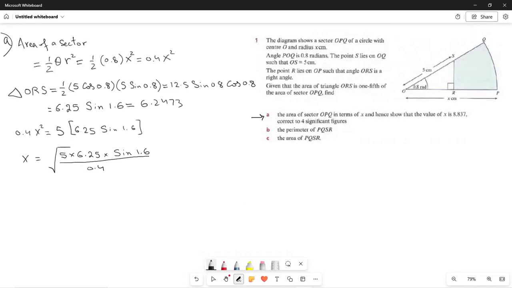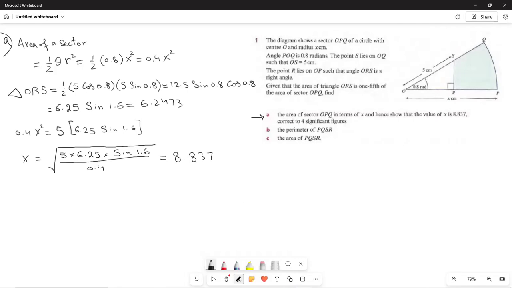We did this calculation and the answer came out to be 8.8369. If I approximate it to 4 digits, it will be 3.67. I hope it is clear.